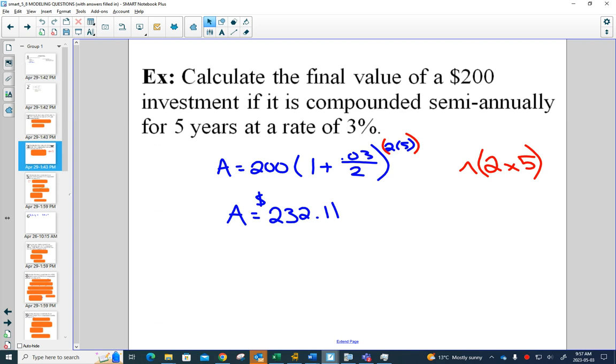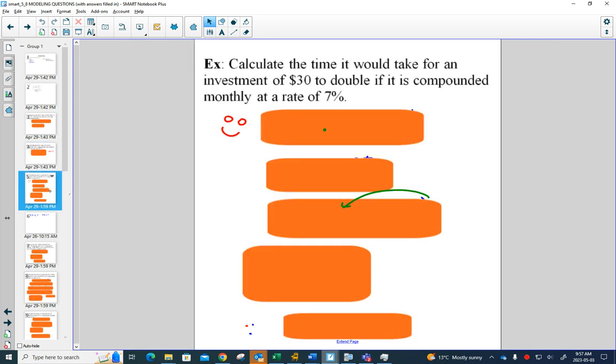Again, I want you to look at that next question while we're waiting here and see if you can just plug the things into the formula correctly. Did you plug it in correctly?